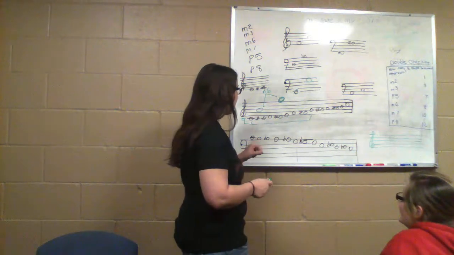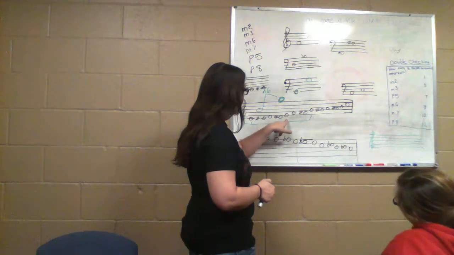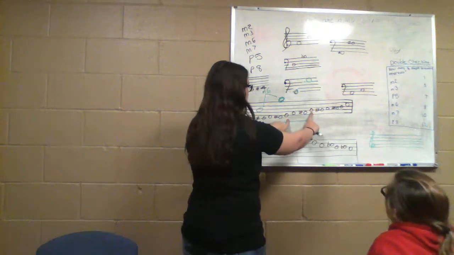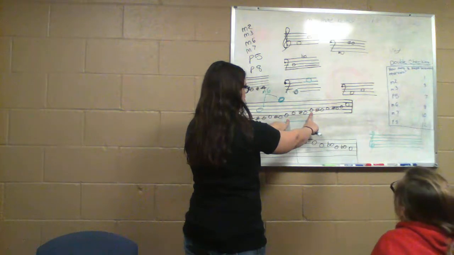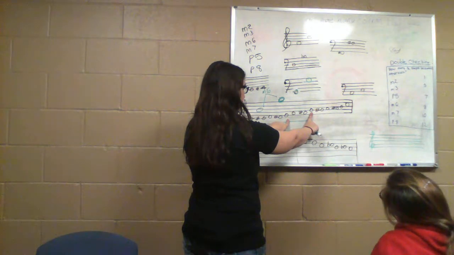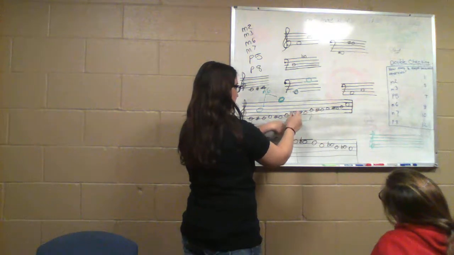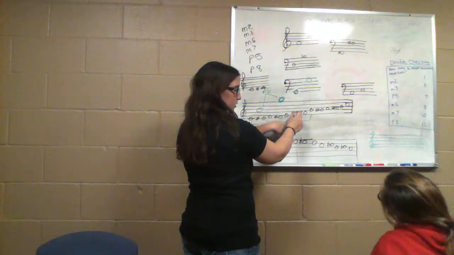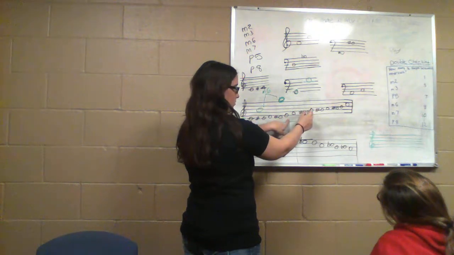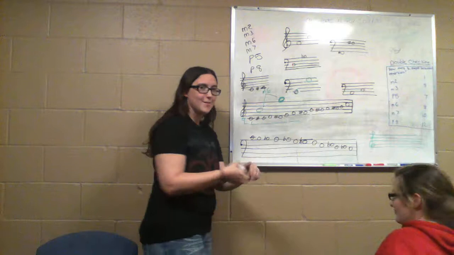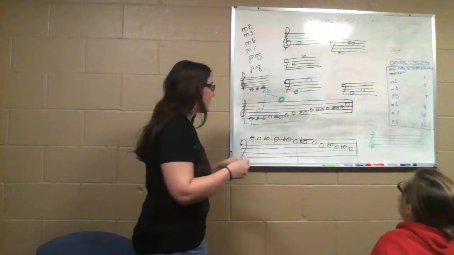Alright, so I'm going to give you an E and a G. Let's count half steps, okay? So from E to G, how many half steps? Count with me. 1, 2, 3. So, minor third? Yes, perfect. Good job.